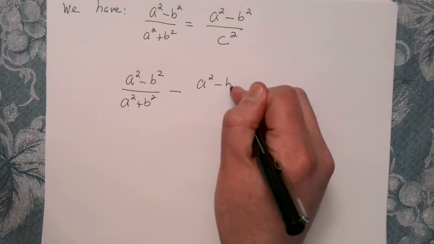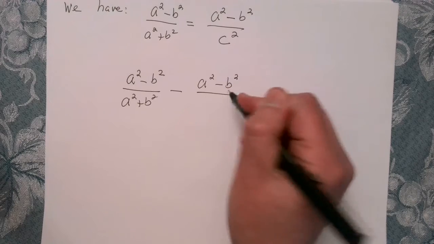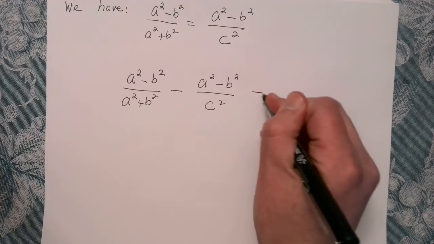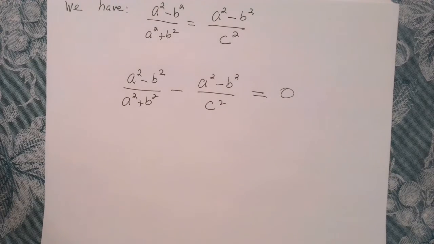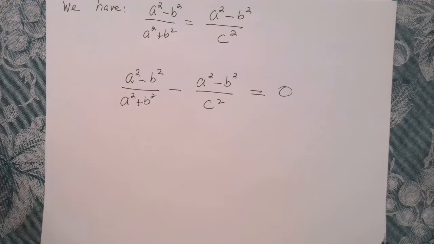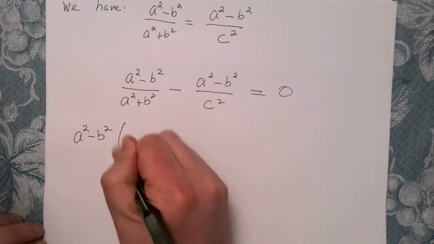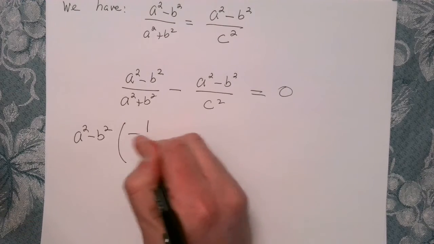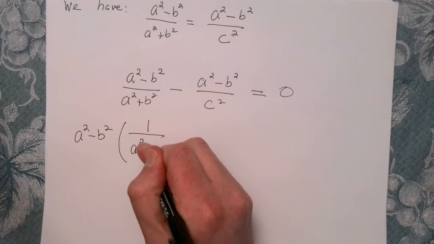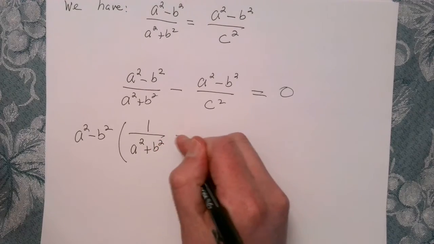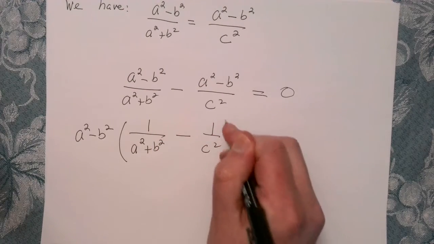Just subtracting to the left, I've got everything on one side equal to 0. And we're going to factor just like we would with a polynomial. So we can factor out an a squared minus b squared. That leaves me with 1 over a squared plus b squared minus 1 over c squared.